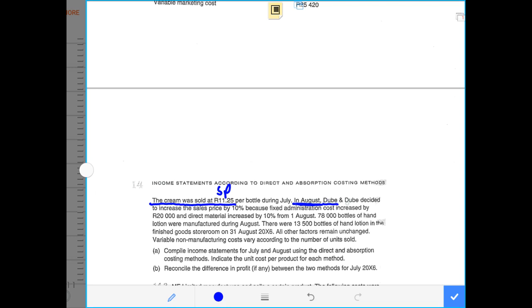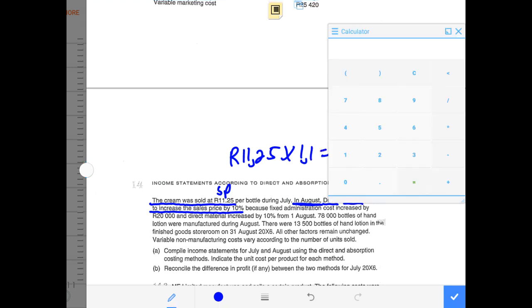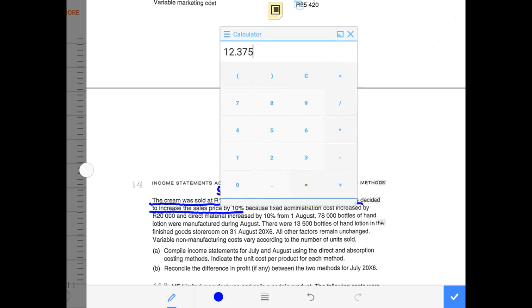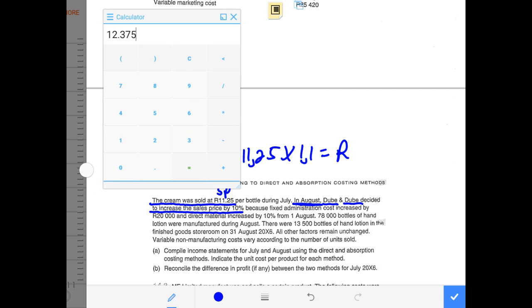In August, Dube and Dube decided to increase their sales by 10%. So now that means if we increase our selling price by 10%, it will be 11 rand 25 cents times 1.1. Therefore, our selling price will increase by 10%, and that will give us 12 rand 37.5 cents.